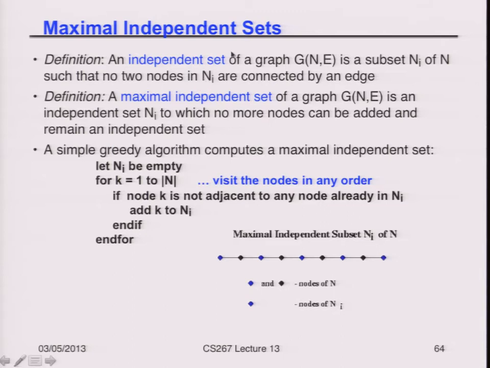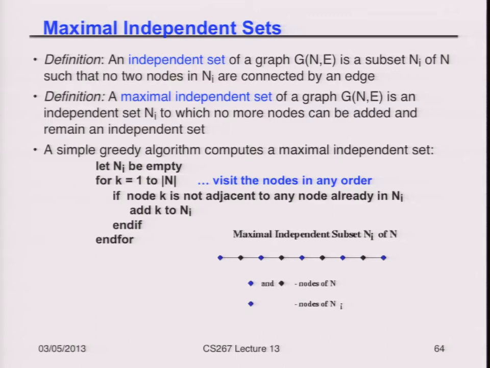An independent set is a subset of the vertices now, not the edges, so that no two nodes are connected by an edge. It's kind of the opposite of a matching, right? Nobody's connected. And a maximal independent set is a subset of the nodes so that nobody's directly connected to anybody else. You can't add anybody without violating that.